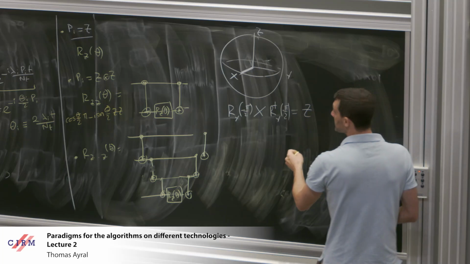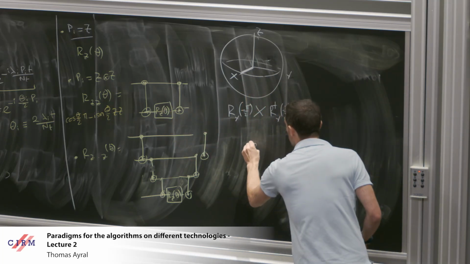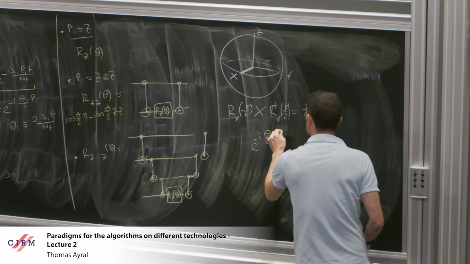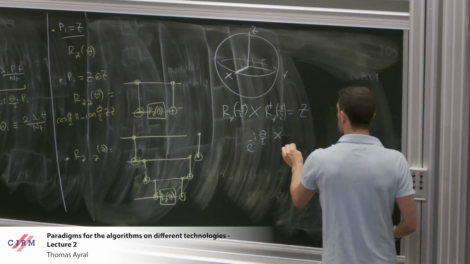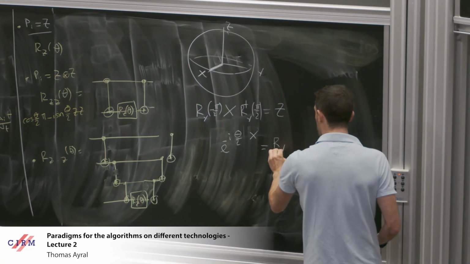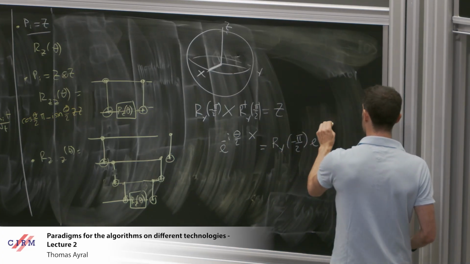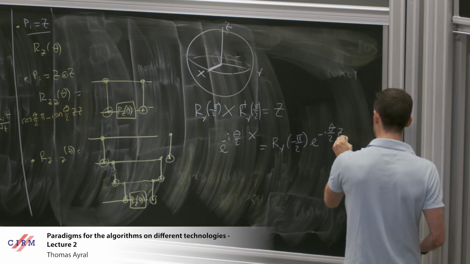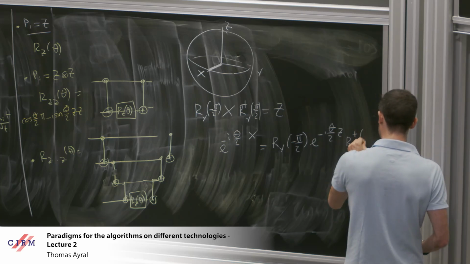And once you've done that, then essentially, for instance, if you have an exponential of minus I theta times X, I can rewrite it as R y minus pi half times exponential of minus I theta half Z times R y dagger minus pi half.